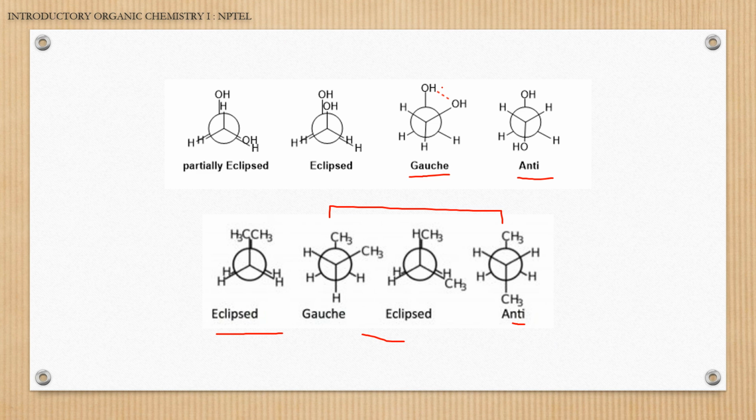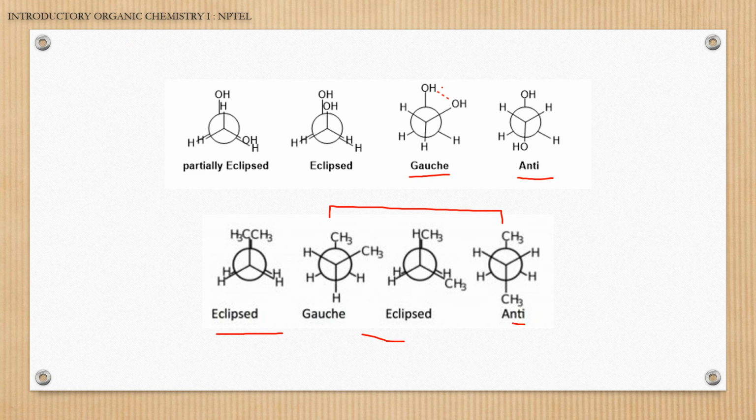Any substituent which is able to form hydrogen bonds, if they are in Gauss conformation, is more stable than the anti. Yeah, you can say that, depending on the substituent and how strong the hydrogen bonding is. Basically, hydrogen bonded groups prefer the Gauss conformation because of the hydrogen bonding between them.